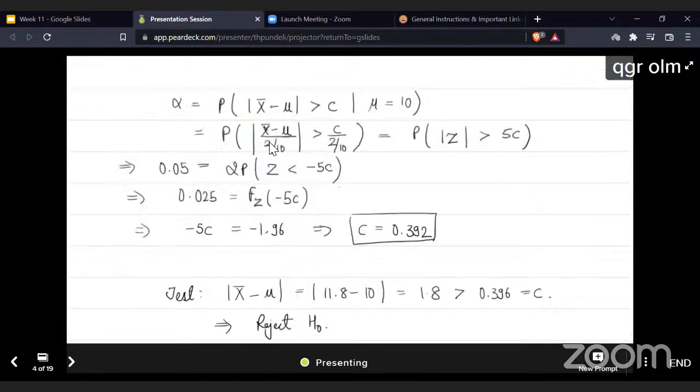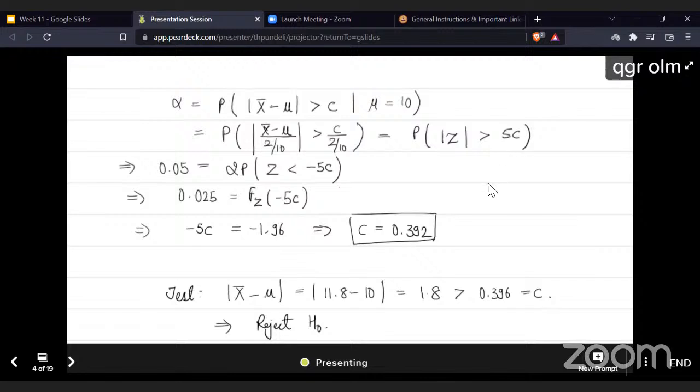So we are dividing X bar minus mu by 2/10, and we do the same on the right hand side with the critical value. So mod of X bar minus mu divided by 2/10 becomes mod of Z, correct? So the probability that mod of Z is greater than 5C.